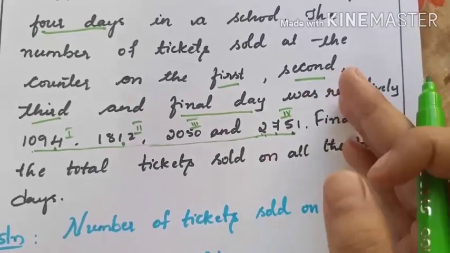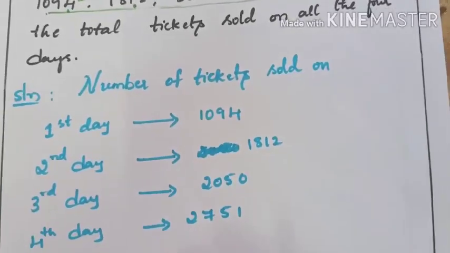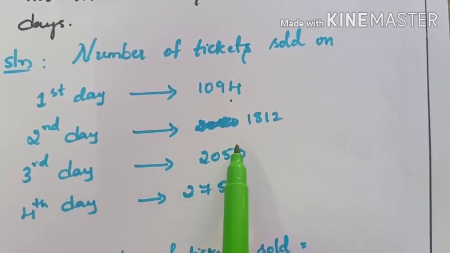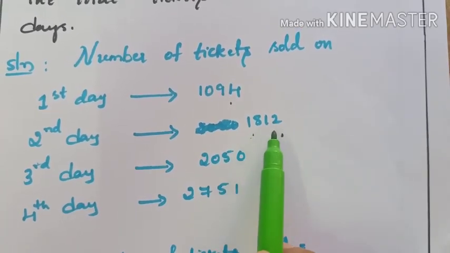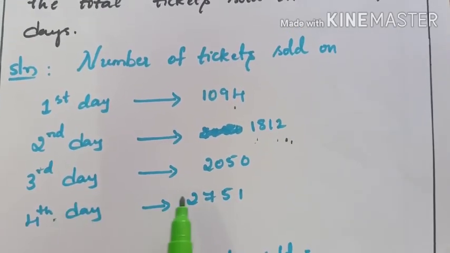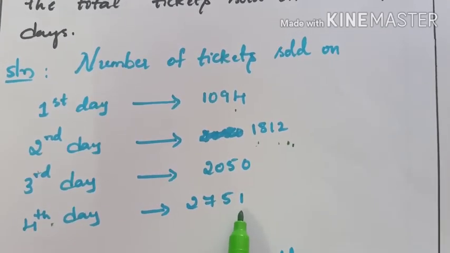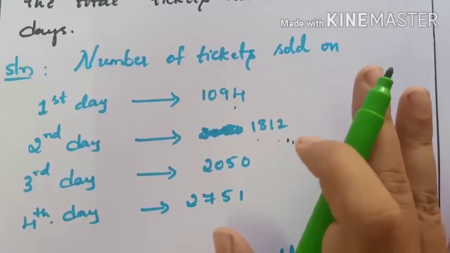Write down these given details in the solution first. So first day 1094, second day 1812, third day 2050 and the fourth day 2751. This is the given data.